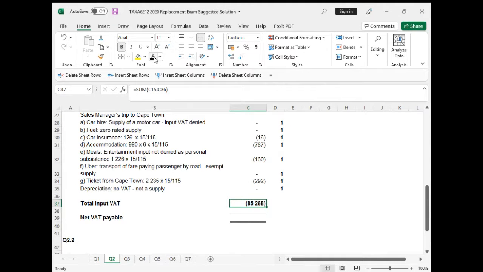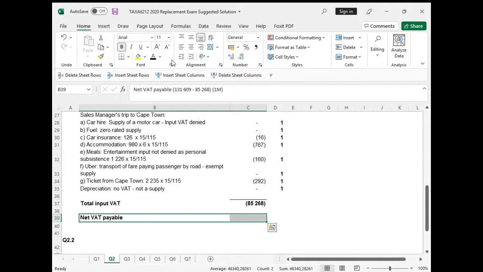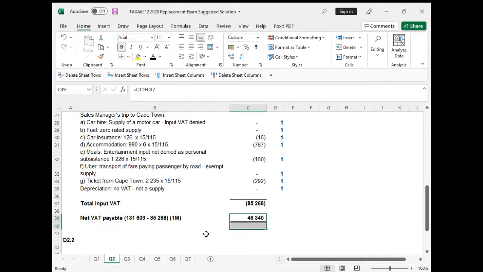And then your net VAT payable. If you did not do it as a negative, so you showed everything as a positive, then here at the bottom, you show me how you get to your net VAT payable. So you take the output VAT less the input VAT, which gives you the value. Now, if our input VAT was greater than the output VAT, it would not be payable, it would be refundable.